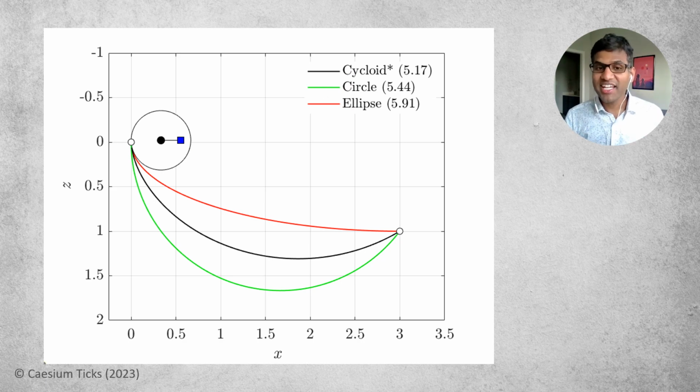And then we have the cycloid, which by the way is the solution for a uniform cylinder where the center of mass is its center of cylinder as well. You can see that it's kind of a trade-off between ellipse and circle in this case, so to speak, and it has a time of about 5.2 units.